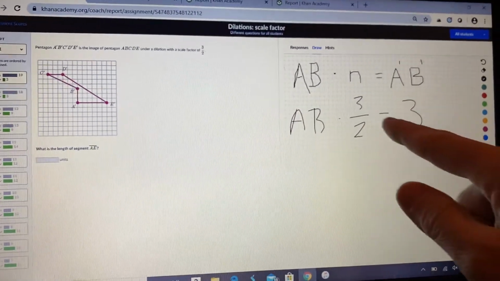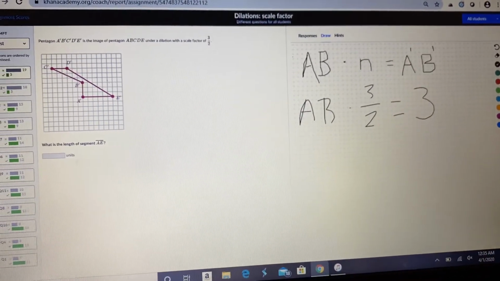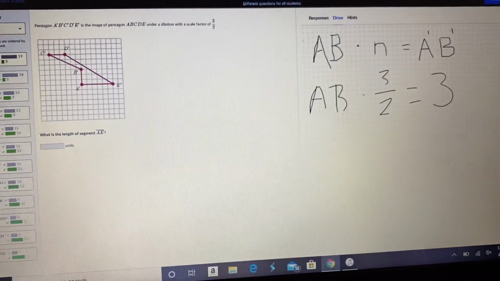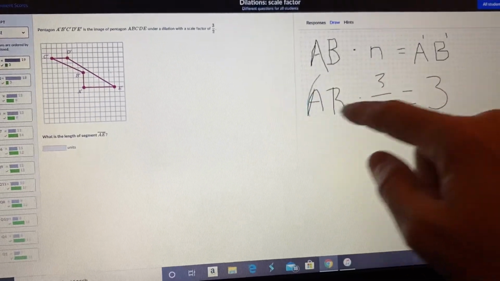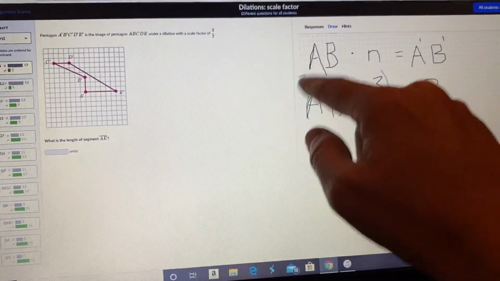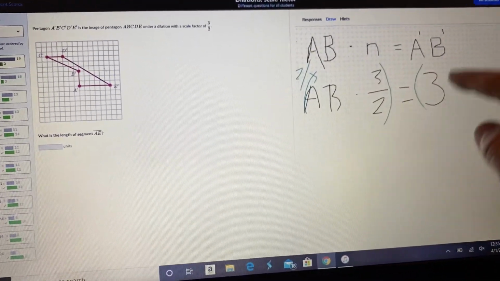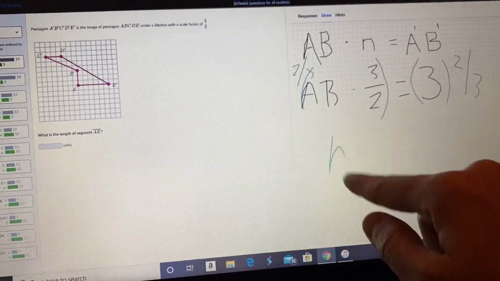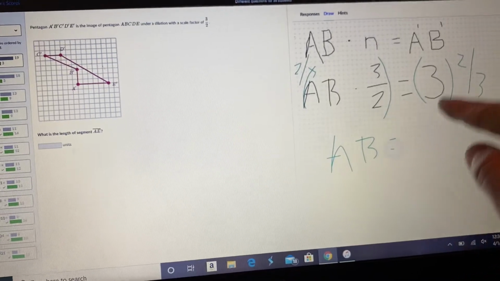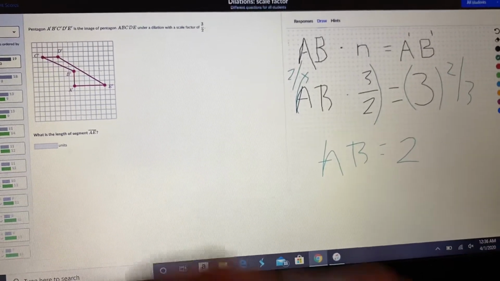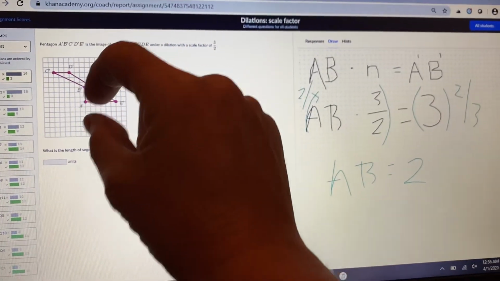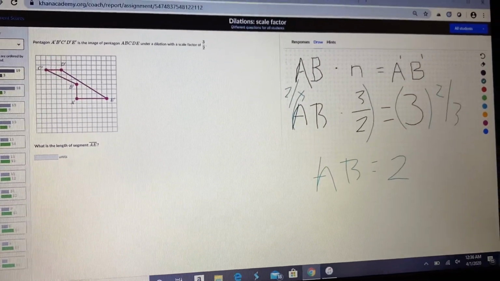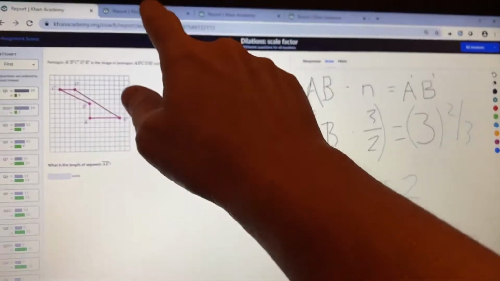Solving this one-step equation, to get rid of multiplication, I would divide, or I could just multiply both sides by 2/3, because 3/2 times 2/3 is just 1. So AB is equal to 2. So my original AB would be 2. When I multiply that by 3/2, it moves up to 3, and that makes this correct.